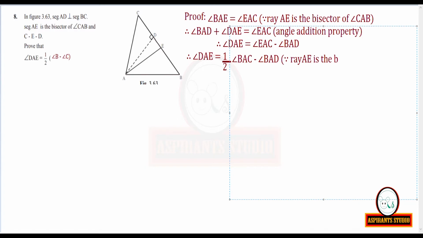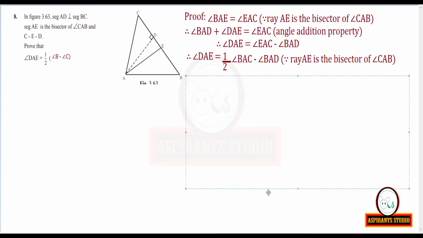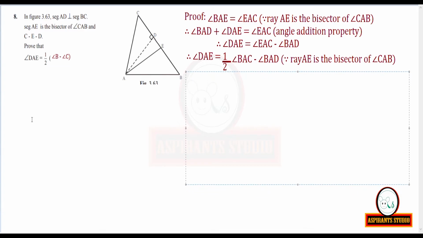Because D lies between B and C, angle BAC can be written as angle BAD plus angle DAC. So half will be outside the bracket. Inside the bracket you will have angle BAD plus angle DAC. Minus, you also have angle BAD, so bring that also. So we have half of BAD plus DAC minus angle BAD.